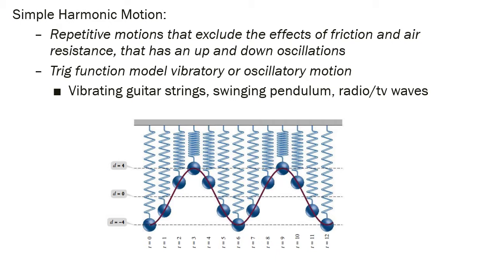Some examples would be vibrating guitar strings, which would have an up and down kind of wave. A pendulum swinging back and forth, that same type of repetitive motion. Radio waves and TV waves like we talked about, heart monitors, all have those up and down motions like sine and cosine. So this little picture down here is just showing you one with a ball and a spring.